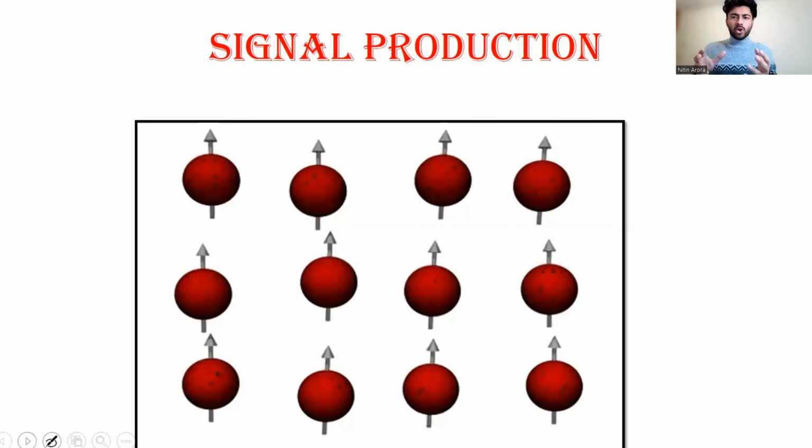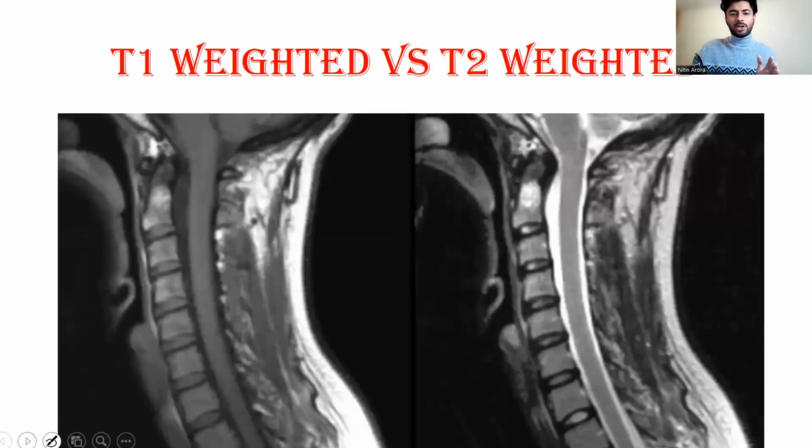As soon as the protons come back to their normal position, some protons come back very quickly. The other ones take some more time to come back to their normal position. And this is the main concept. This is how you generate the two types of images that you call T1 weighted images and T2 weighted images.